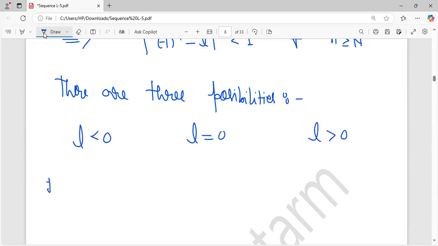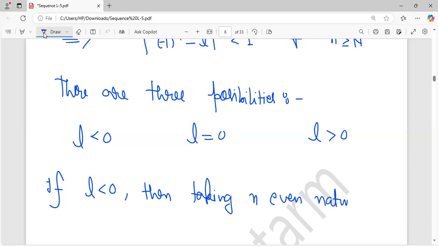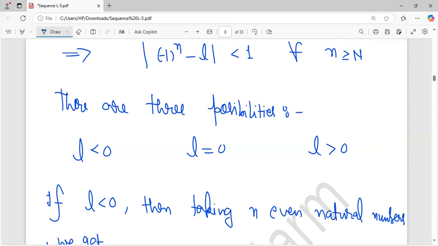So if L is less than 0, then taking n even natural numbers, (-1)^n will be positive 1.